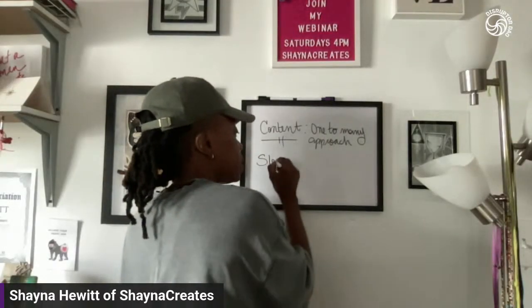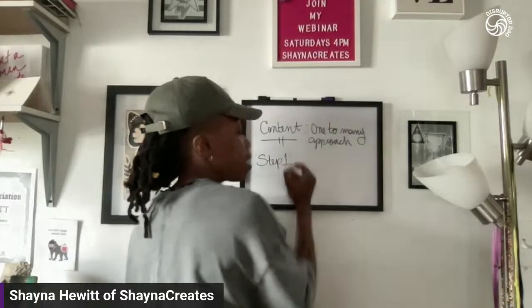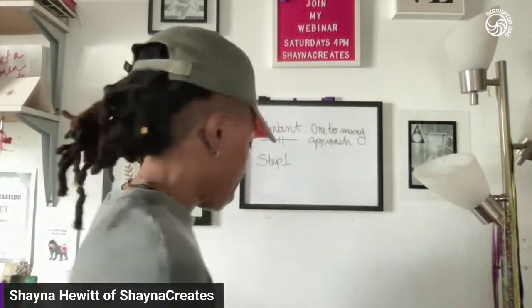Because you understand and know that you need content. I tell you this every week. So step one is to understand that people are paying you with something way before they're paying you with cash. People are paying you already with something way before they're paying you with cash.